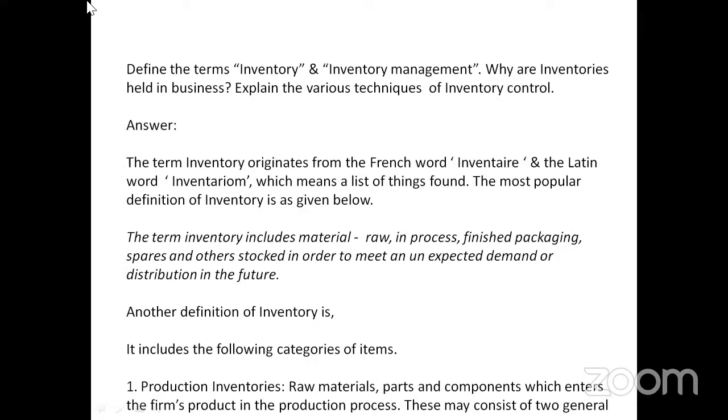Now, if this is what is inventory, why do we say inventory control? Why do you want to control the inventory? It is because if you have less stock, you may lose your sale. For a particular item, I don't have adequate stock.